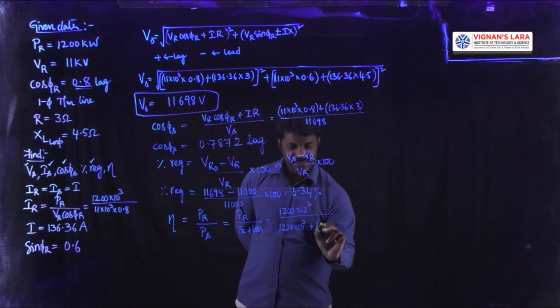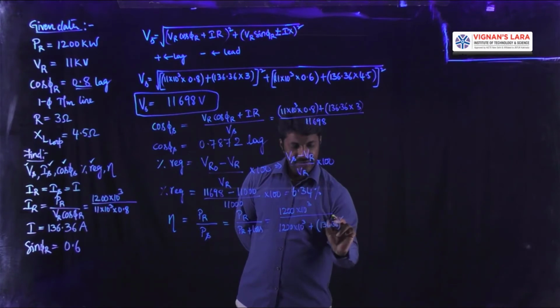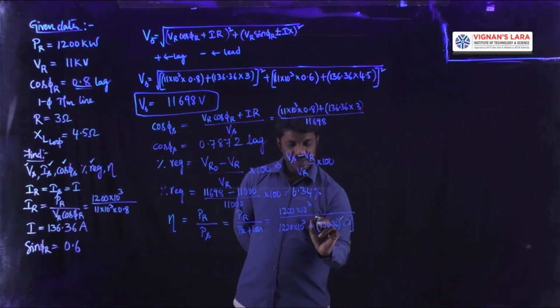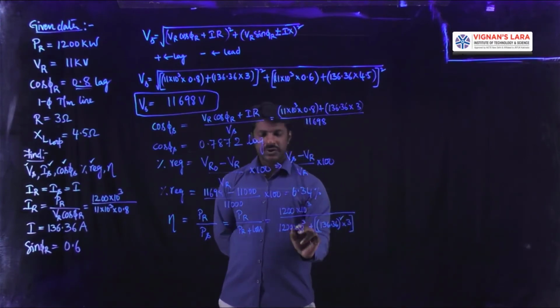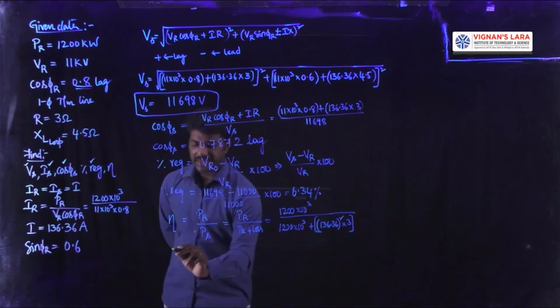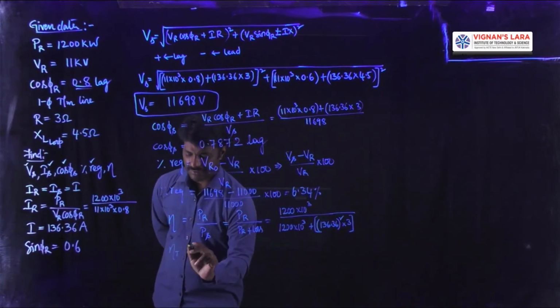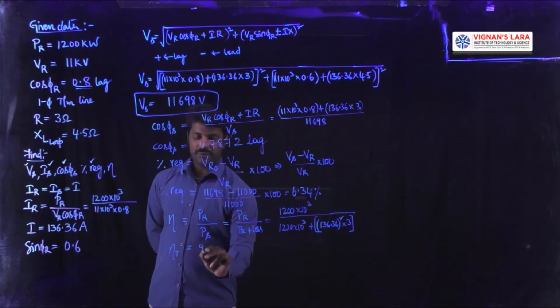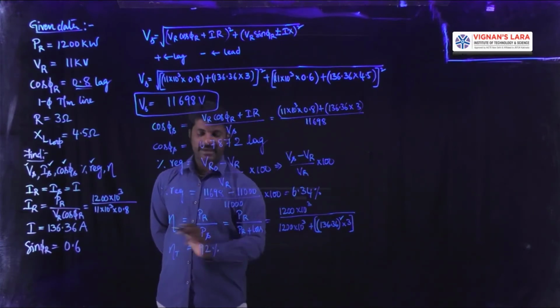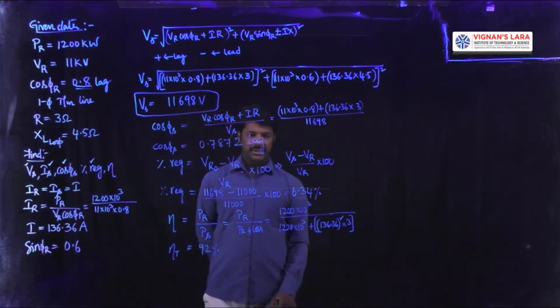Its value is 136.36 square into R, and R value is 3. So get the losses first, add that to the receiving end power, and take the ratio of these two, then you will get the transmission line efficiency. Okay, so it is approximately 92%, which can be calculated in the calculator.